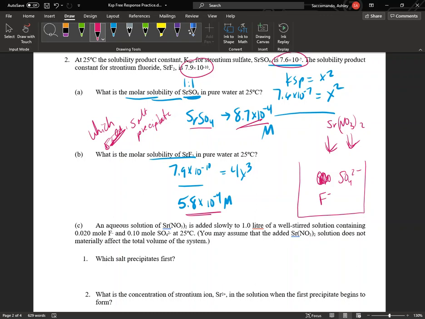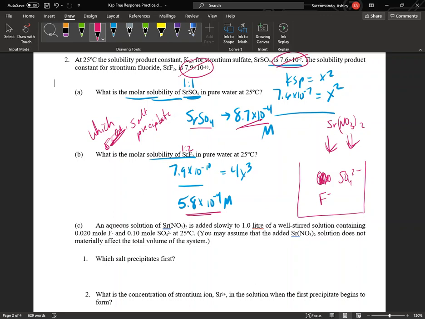Because you notice, once again, this one is 1 to 1, this one is 1 to 2. So should we directly compare the Ksps? When they're not the same type, we shouldn't. So we don't want to care about the Ksps.